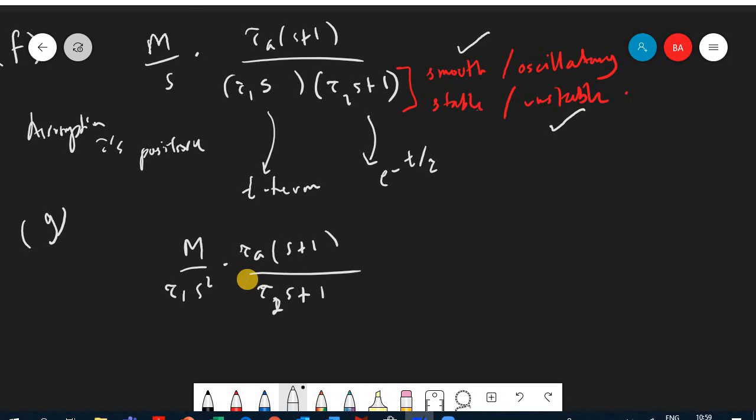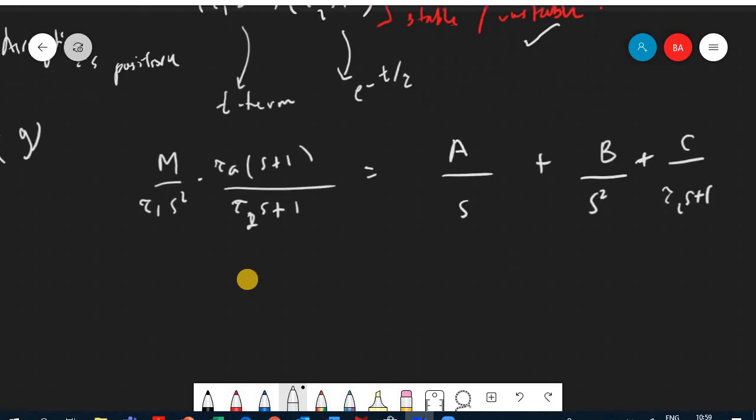So this is the term that I have. If you distribute this, it's going to be a over s plus b over s squared, plus c over tau 2 s plus 1.